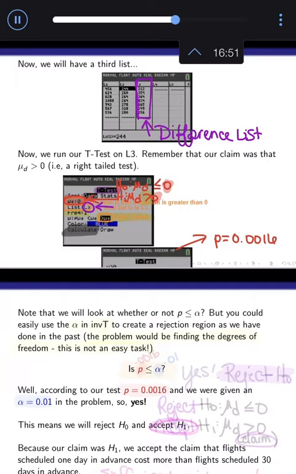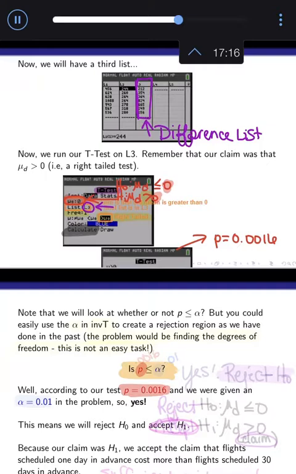Is your p-value less than or equal to alpha? Remember, that question doesn't change. So is p less than or equal to alpha? Well, the p from this problem is 0.0016. That's what was given to us from the calculator by running the t-test. What about our alpha? Our alpha is given in the problem.